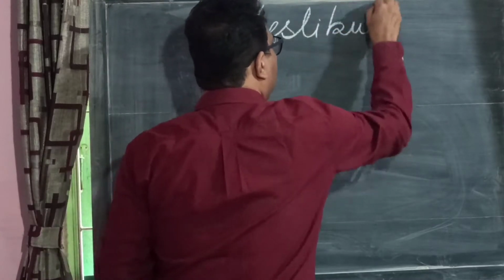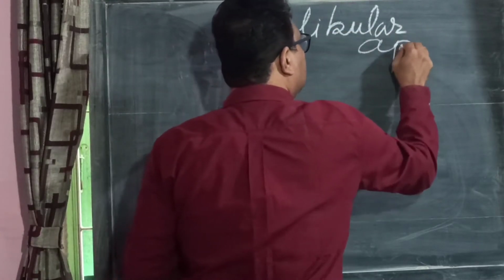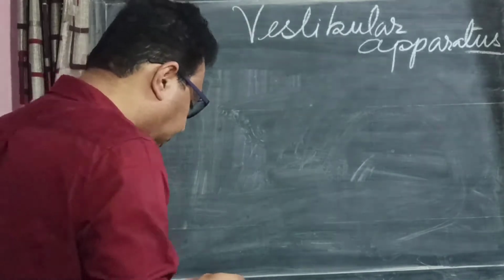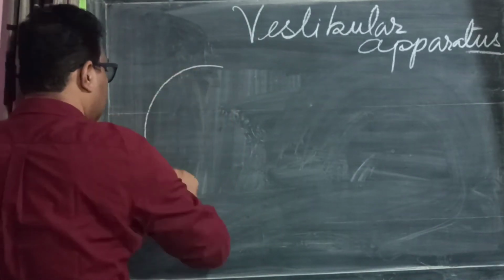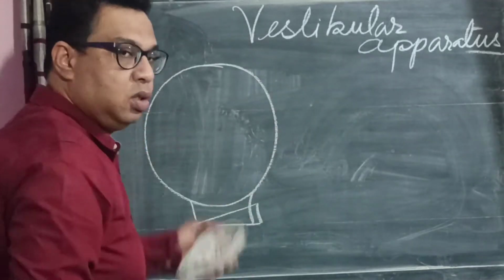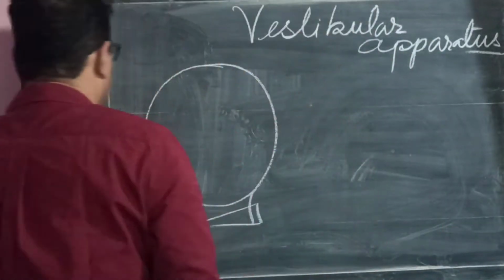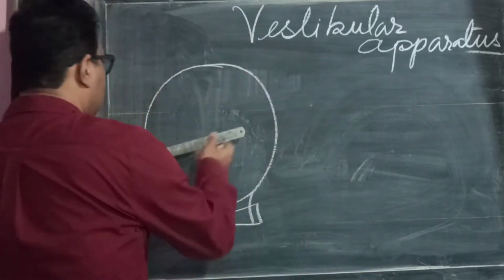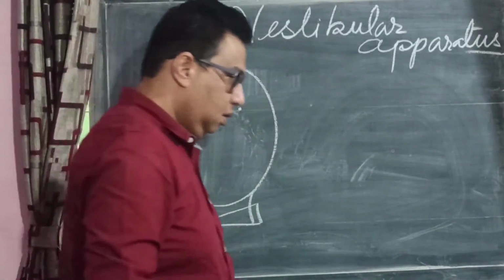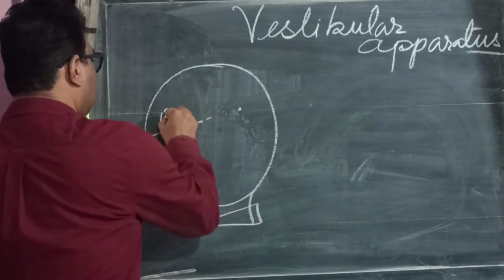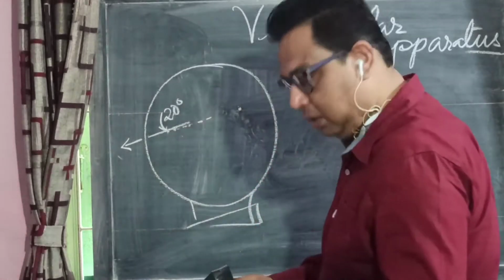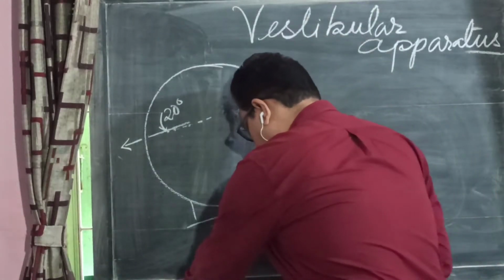So, vestibular apparatus. Looking at the face laterally, it is seen that when the person's gaze is looking a little down, about 20 degrees from the horizon, then the positions of the various semicircular canals and the utricle and the saccule can be drawn like this.